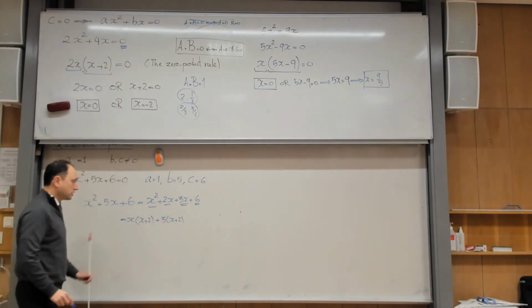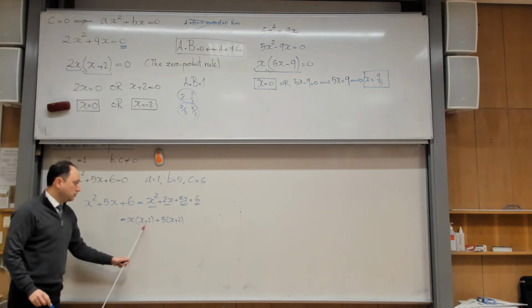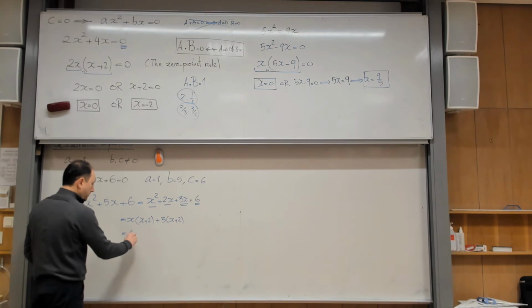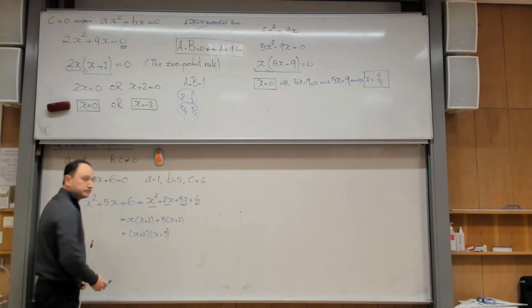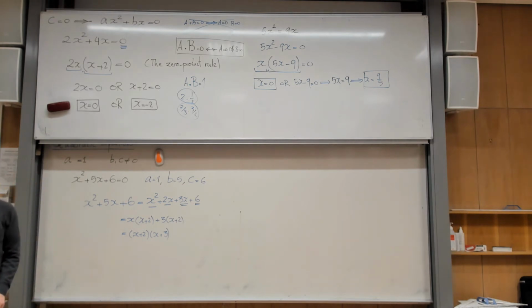This is called a successful grouping because a new common factor emerges, so that I can factor it out. If you don't believe it, multiply this by that and simplify, and you will get this back. So this one is equal to this, and this is factorized because that's a product.